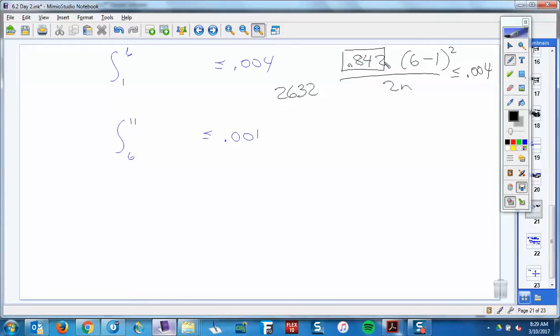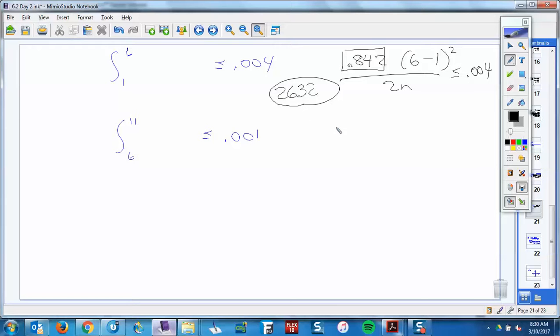Do you use 842? Okay, and the answer book, using their number, said 2,630. So roughly, we needed 8,000 to guarantee it over the whole interval, but we really only need 2,600 in that first half if we just split it up.